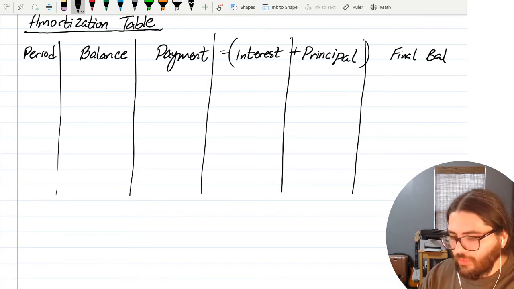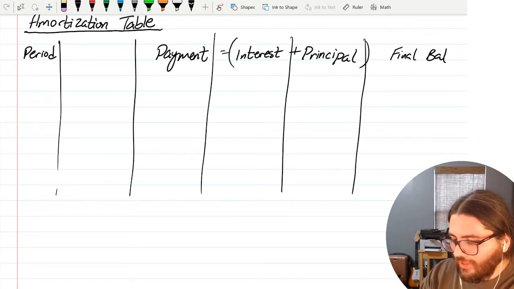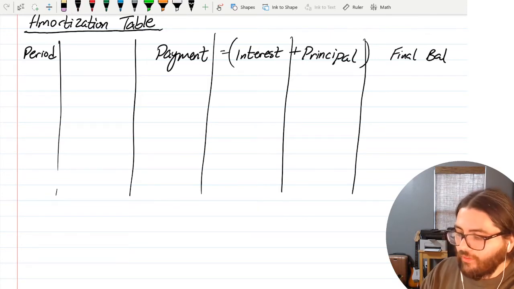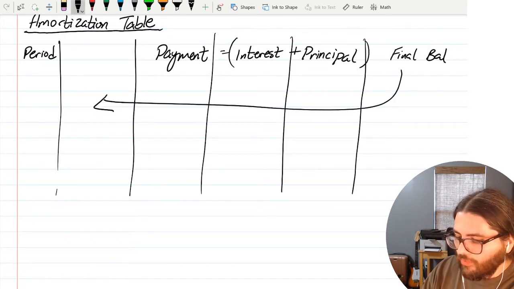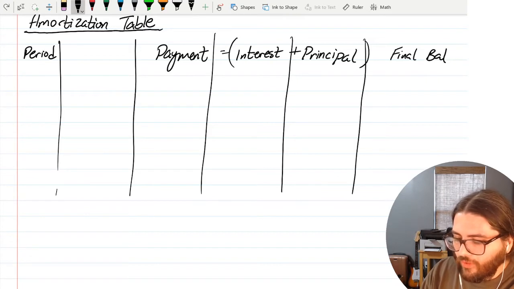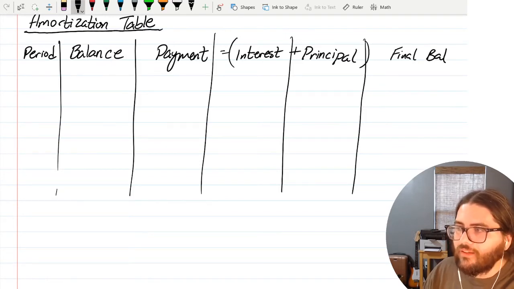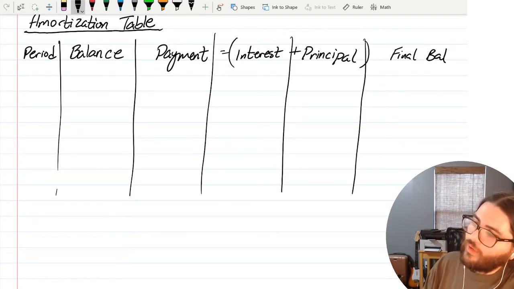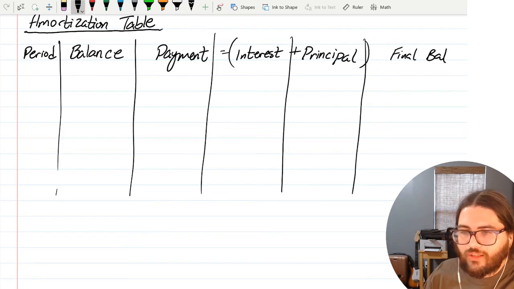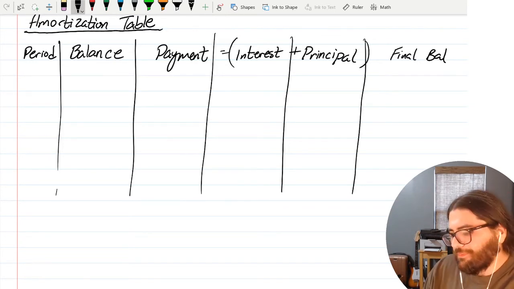Some amortization tables do not contain a balance column at the beginning because every month the number from the end is just going to roll down to the next line. So rather than repeat the numbers all the time, some tables do not repeat the balance column at the beginning of every row. And maybe your homework has questions like that with shorter tables.